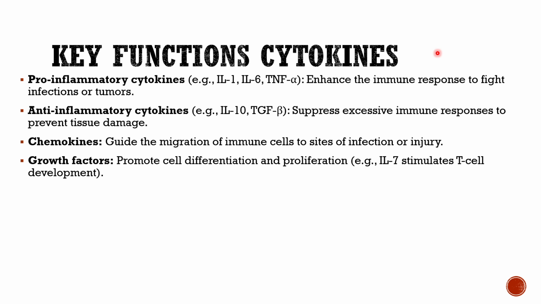Pro-inflammatory cytokines enhance the response to fight infection or tumor. Anti-inflammatory cytokines stop the action of pro-inflammatory cytokines. Chemokines guide the migration of immune cells to the site of infection. These chemokines mark the foreign substance, and immune cells migrating respond to chemokines.